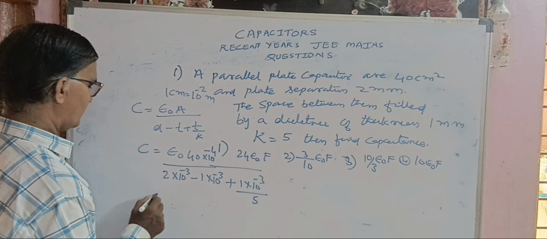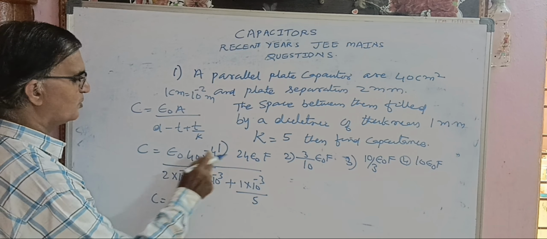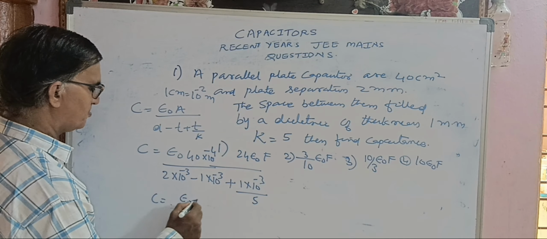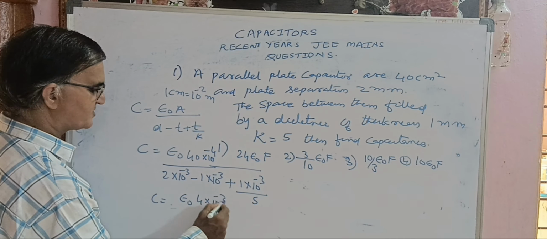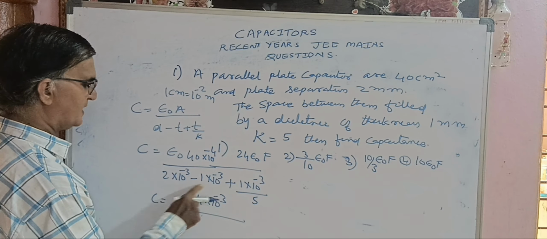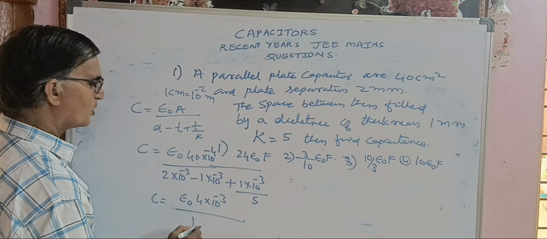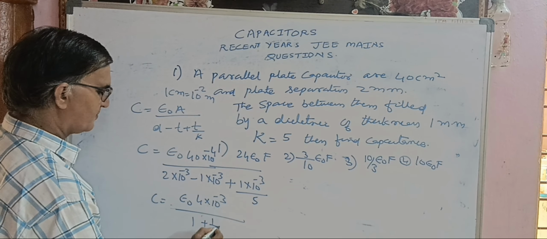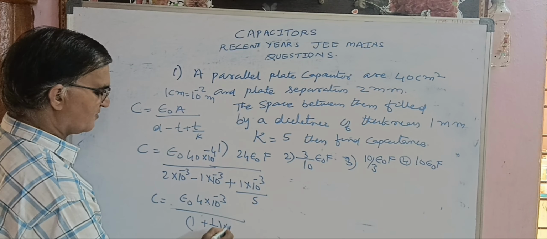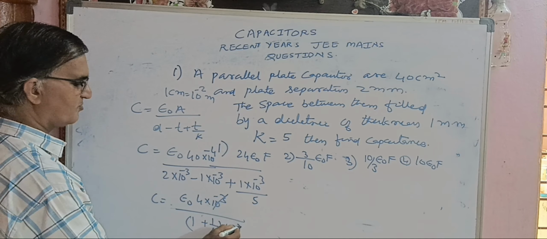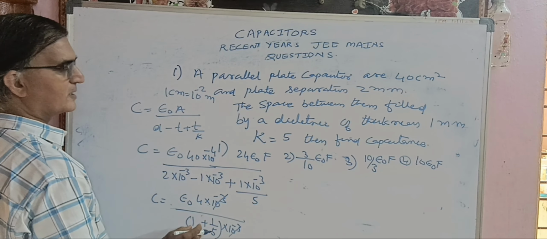Now if you simplify, C is equal to epsilon naught 4 into 10 to the power of minus 3. This is 2 minus 1, 1, plus 1 by 5, into 10 to the power of minus 3. This minus 3 gets cancelled.